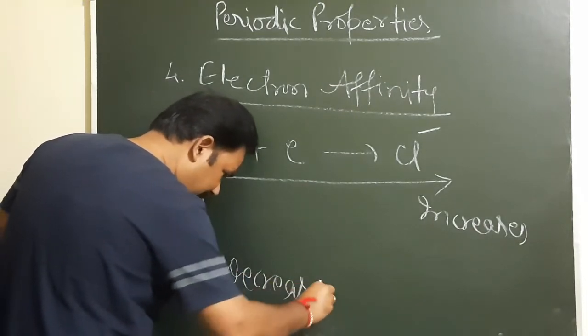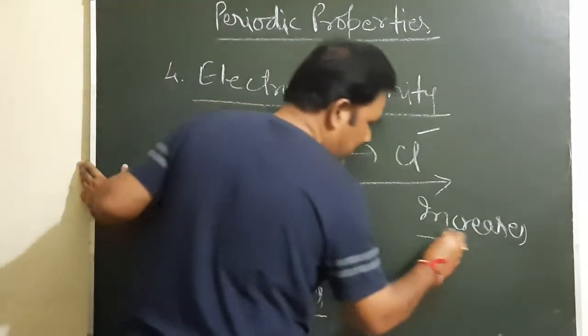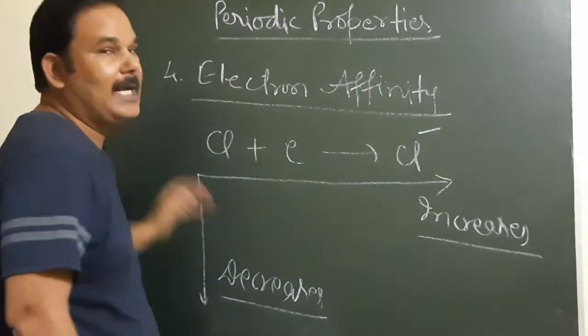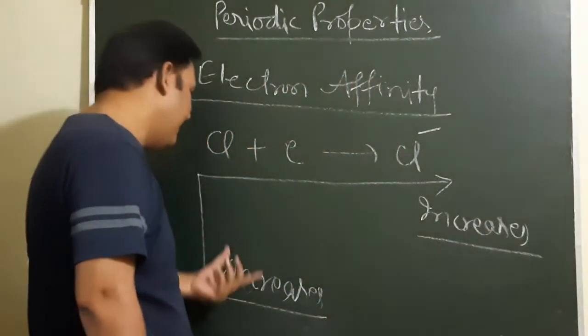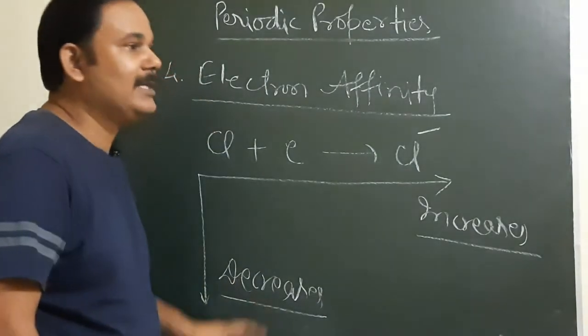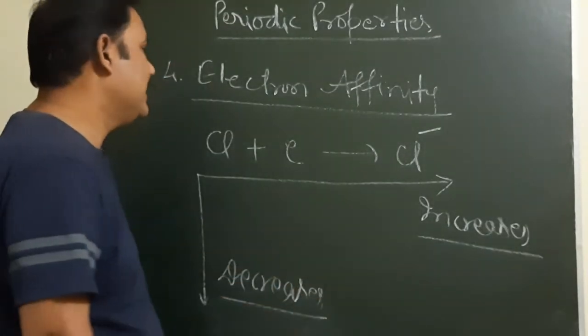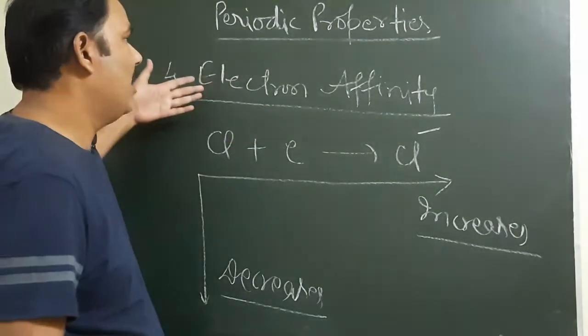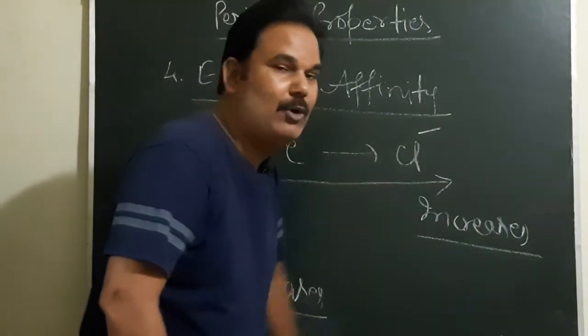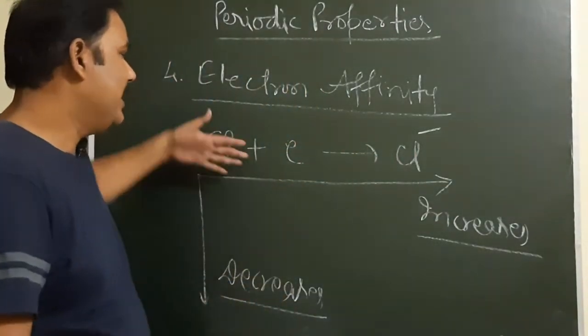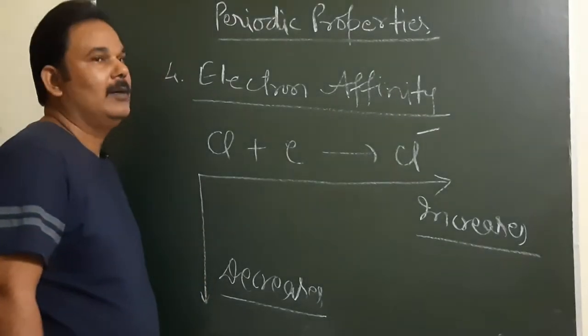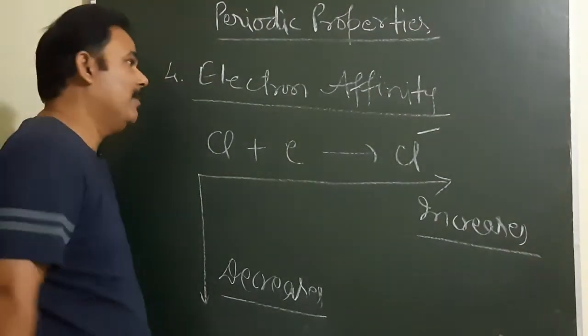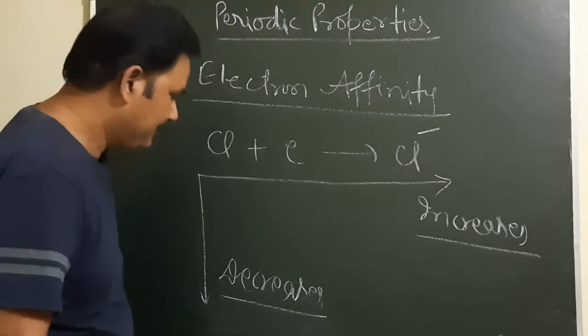What is the cause behind it? It increases because atomic size decreases, and it decreases because the number of shells and atomic size increase. So electron affinity or electron gain enthalpy increases in the periods from left to right, and it decreases from top to bottom when you move in a group. So this is known as the electron affinity.